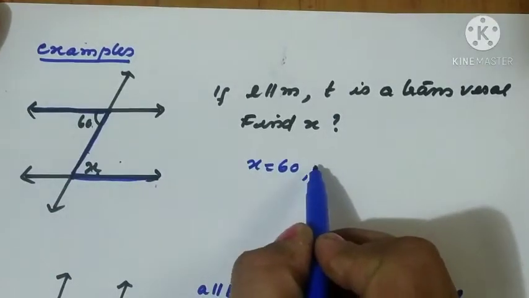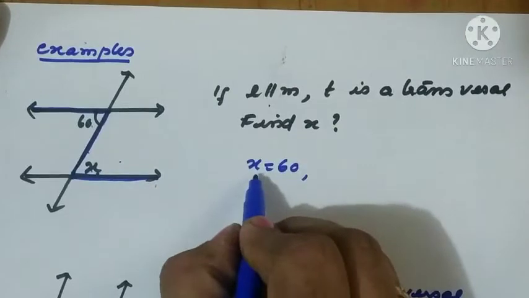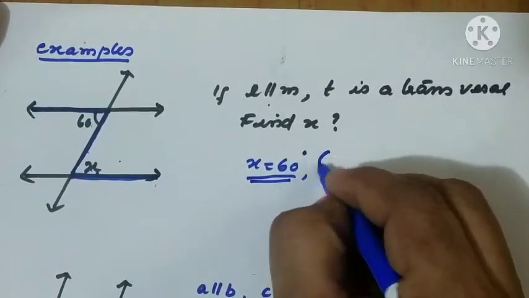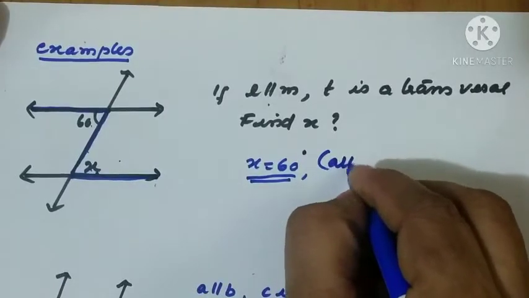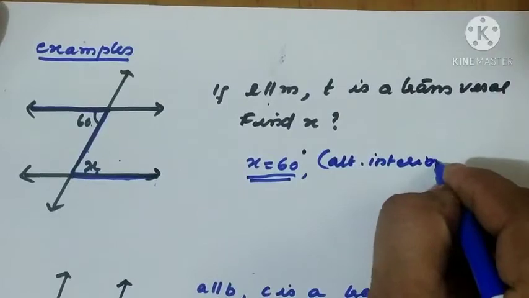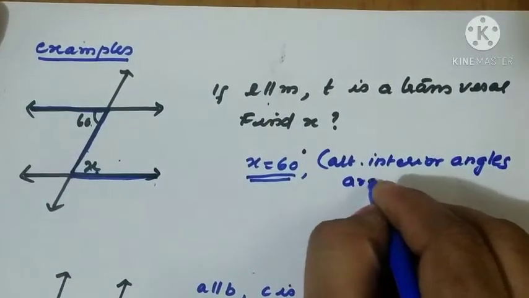Alternate interior angles are equal when a transversal cuts two parallel lines. So what is the value of X? X equal to 60 degrees. And what is the reason? We should write: alternate interior angles are equal.